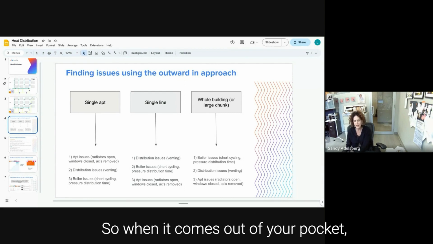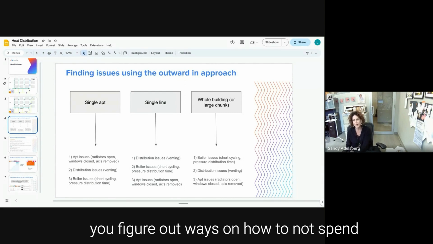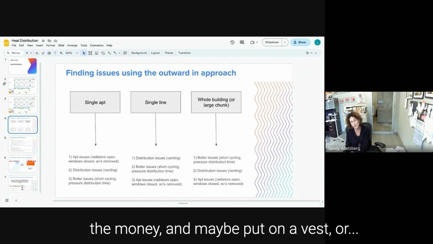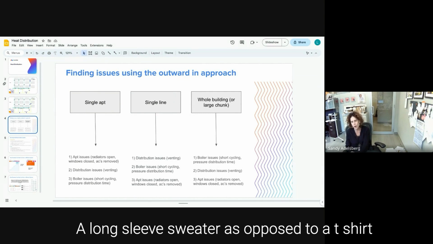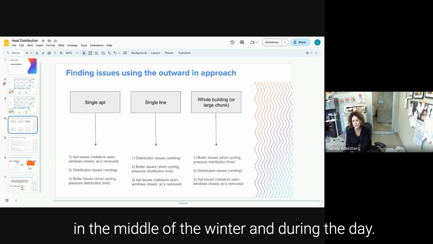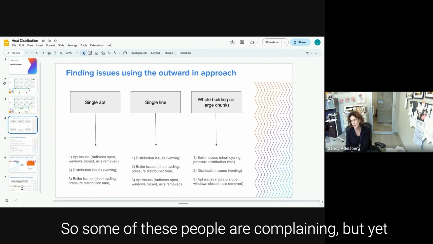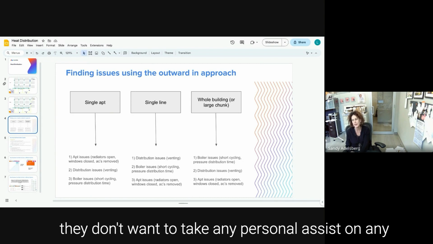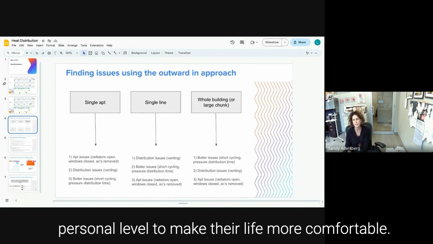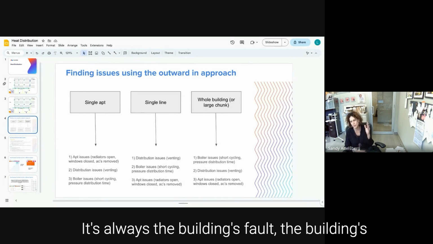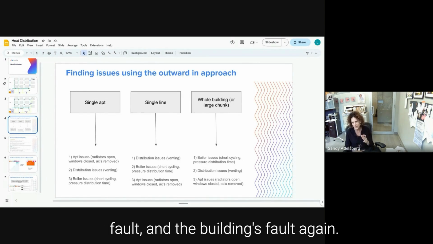When it comes out of your pocket, you figure out ways to not spend the money, and maybe put on a vest or a long sleeve sweater as opposed to a t-shirt in the middle of winter. Some of these people are complaining, but they don't want to take any personal steps to make their life more comfortable. It's always the building's fault.